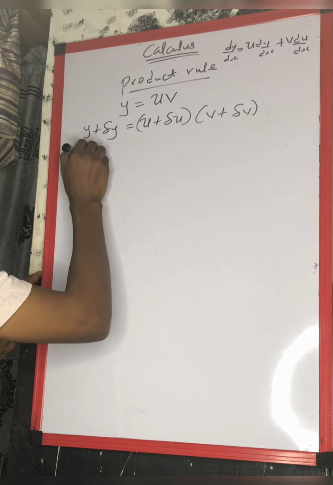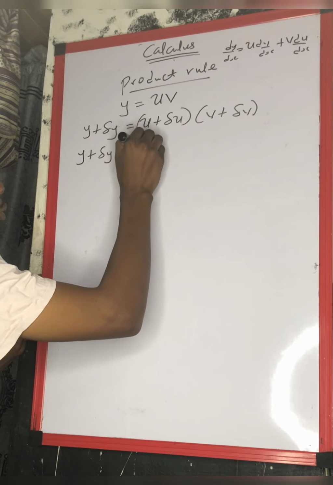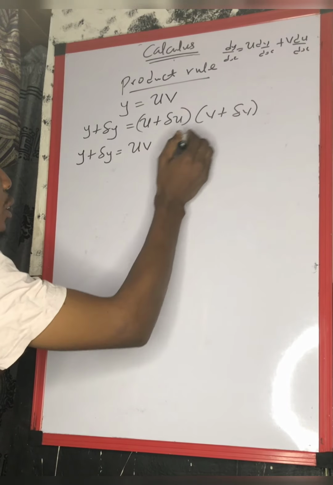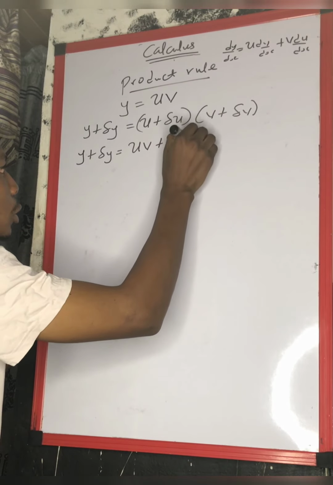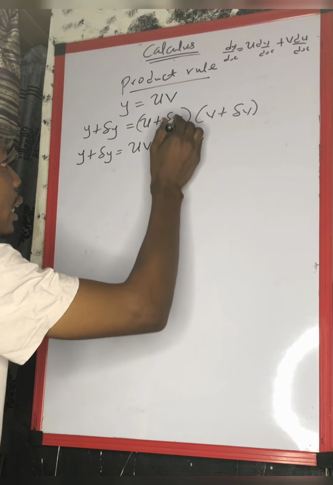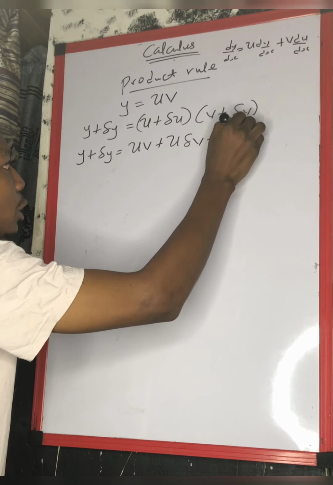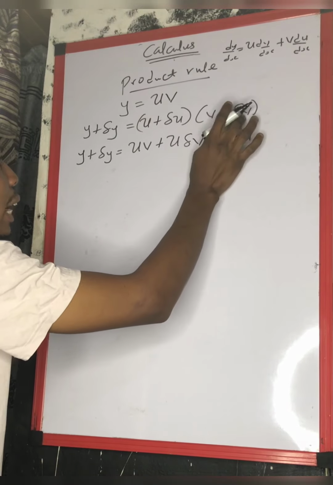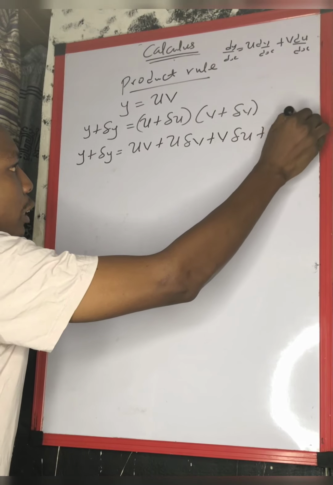This is written as y plus change in y equals u times v, written as uv, then u times change in v, plus u change in v, then change in u times v, plus v change in u, then change in u times change in v, written as change in u change in v.